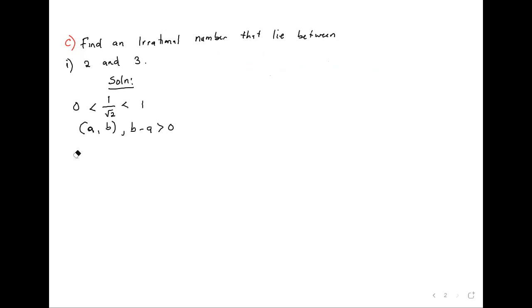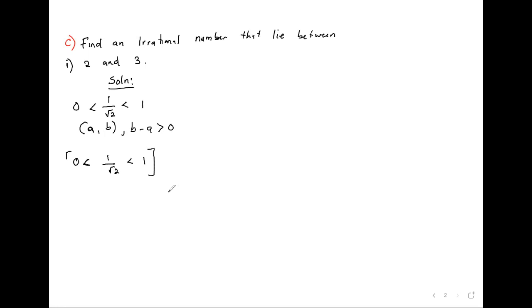We want a positive number because multiplying by a positive does not tamper with the inequality. So we'll get back to the inequality and multiply. We have 0 less than 1 over root 2 less than 1.